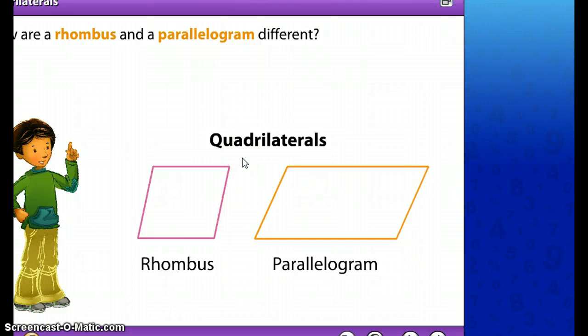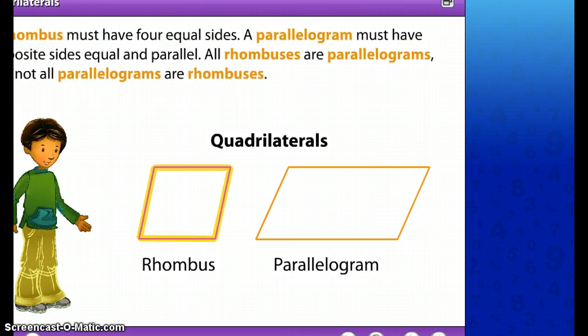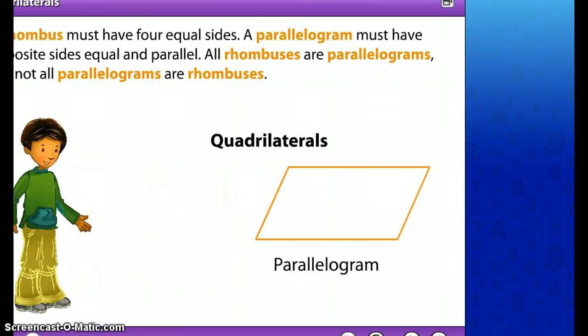In a parallelogram, are all sides the same length? No. A rhombus must have 4 equal sides. A parallelogram must have opposite sides equal and parallel. All rhombuses are parallelograms, but not all parallelograms are rhombuses.